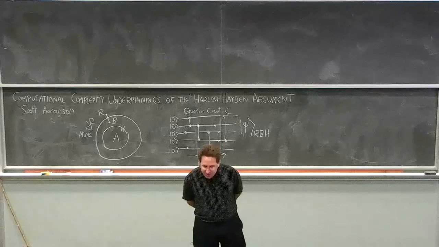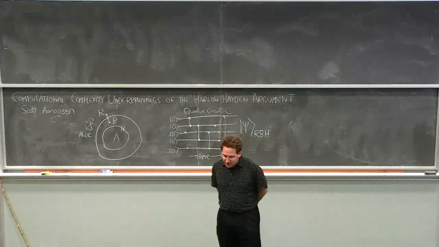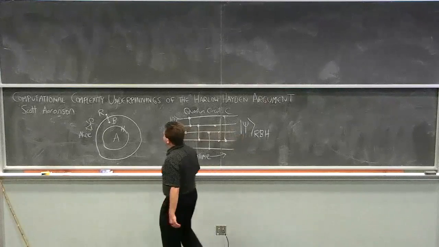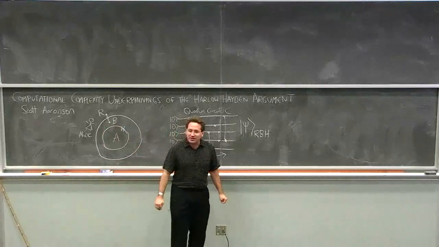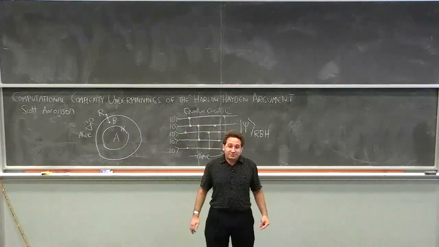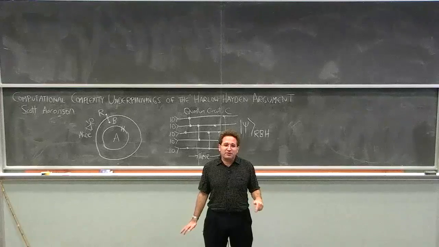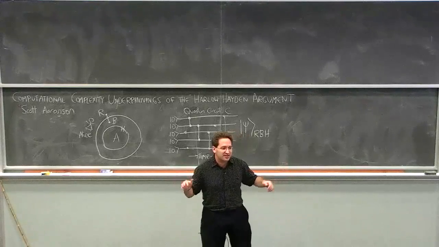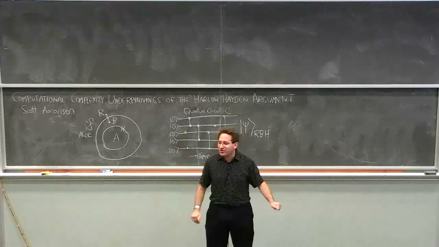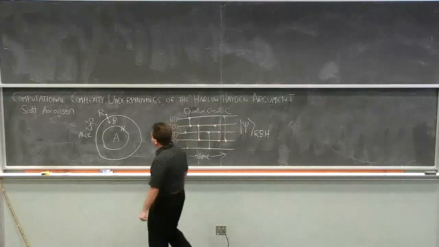So how do we formulate the problem? As I said, Alice is outside the black hole. We imagine that she has complete access to R, so she can scoop up all the Hawking radiation somehow.